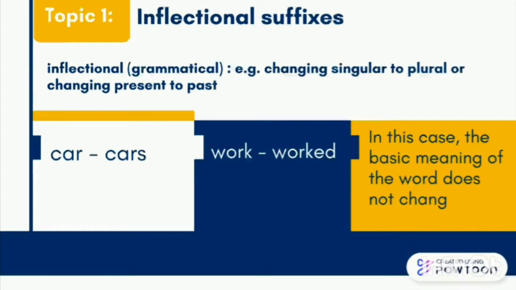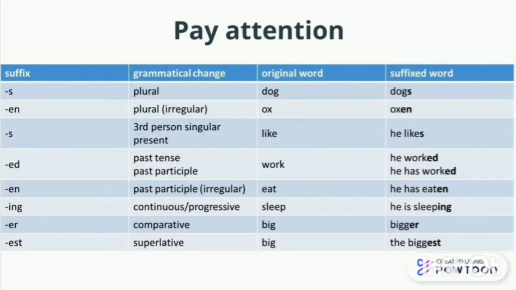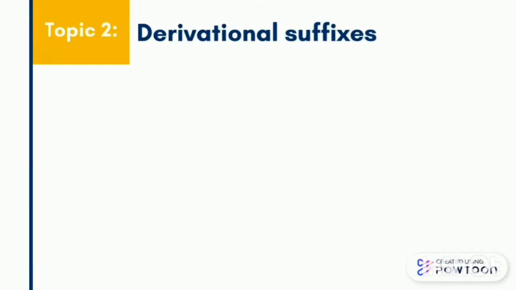In this case, the basic meaning of the word does not change. Inflectional is grammatical. Pay attention to this table. The first column is suffixes, s, en, s, ed, en, and so on. The next, grammatical change. The next, original word, suffixed word.